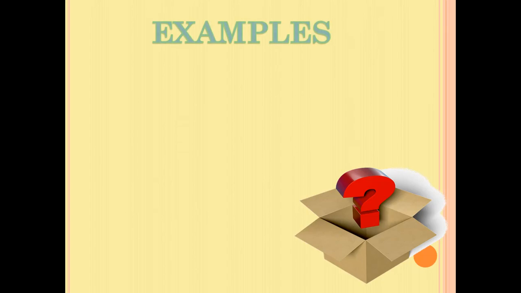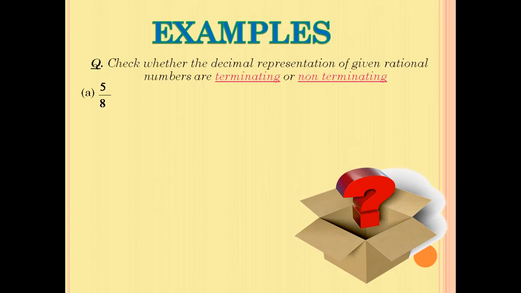Now let us check some examples for this. In these questions we will be checking whether my decimal numbers are terminating or non-terminating. First example is 5 upon 8. I have already explained that you will divide the numerator by the denominator. So I will keep the 5 at the dividend place and 8 at the divisor place.